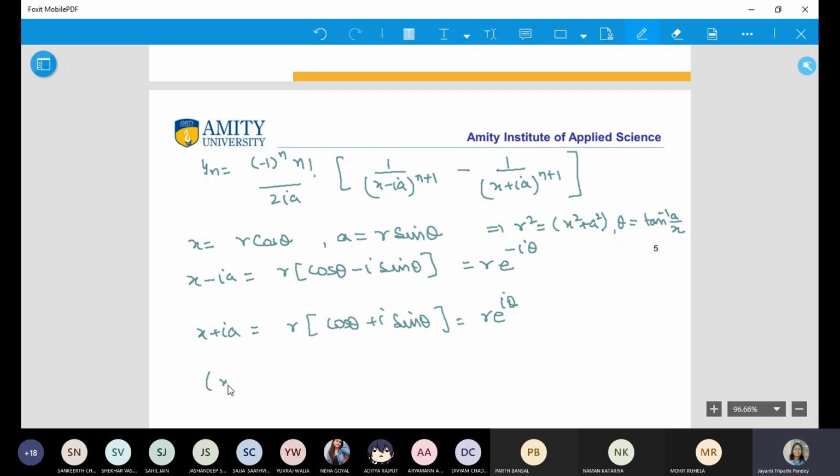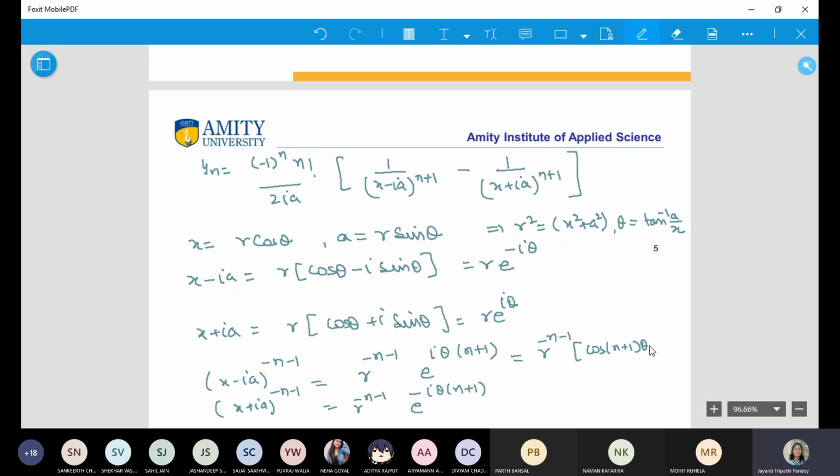So when you will write x minus ia to the power minus n minus 1, it is actually r to the power minus n minus 1 e to the power i theta n plus 1, and x plus ia to the power minus n minus 1 is r to the power minus n minus 1 e to the power minus i theta n plus 1, which is nothing but r to the power minus n minus 1 into cos n plus 1 theta plus i sin n plus 1 theta.